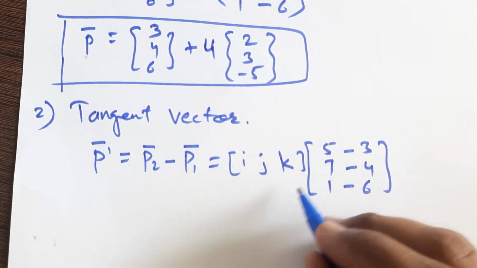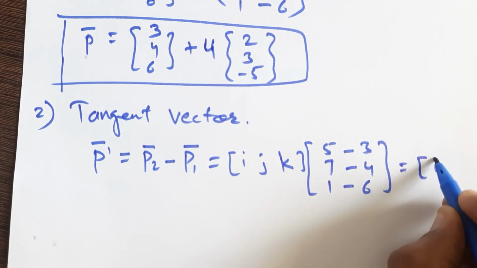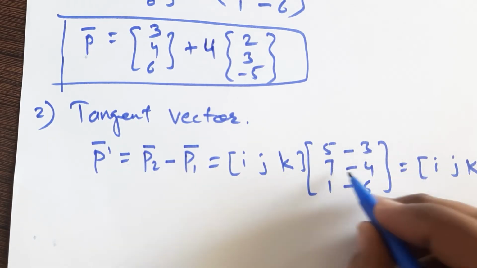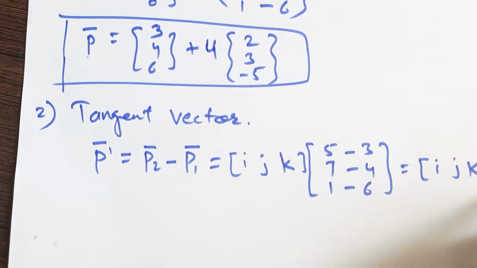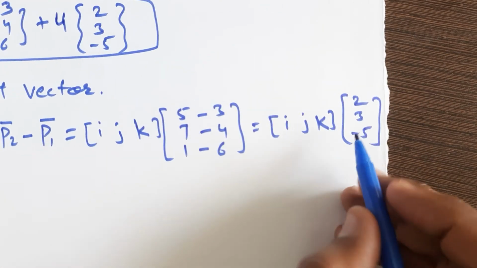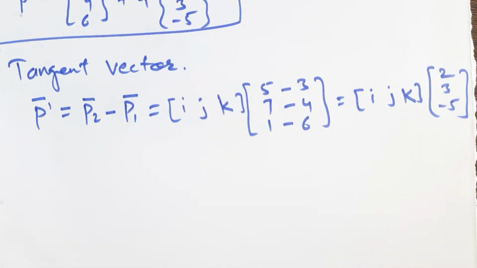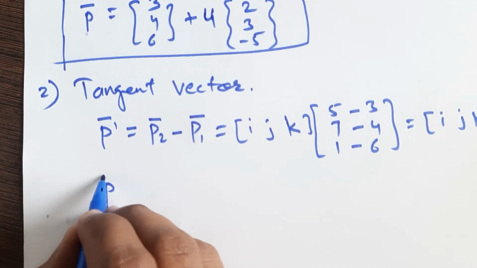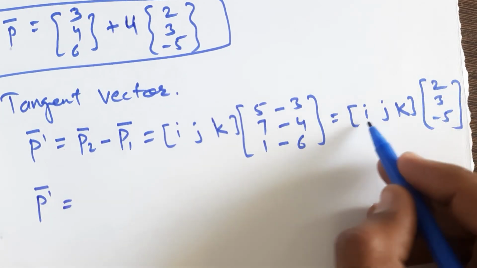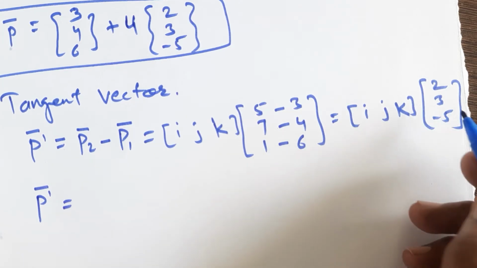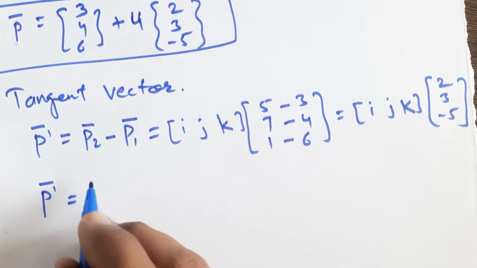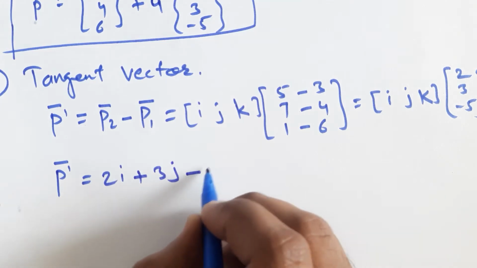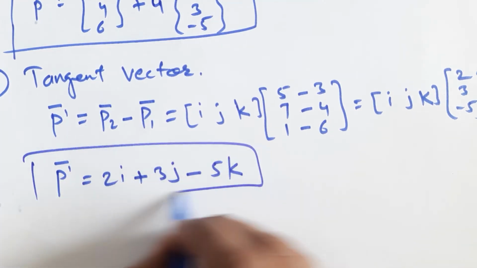If you solve it, as a column matrix we get 5 minus 3 is 2, then 3, and then minus 5, so 2, 3, minus 5. Multiplying these two matrices, you can write the tangent vector P dash bar as 2i plus 3j minus 5k. So this will be the tangent vector.